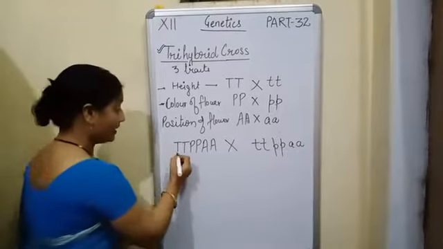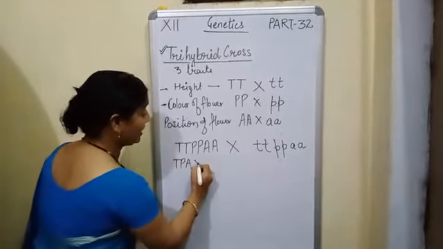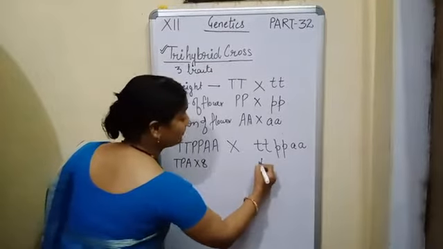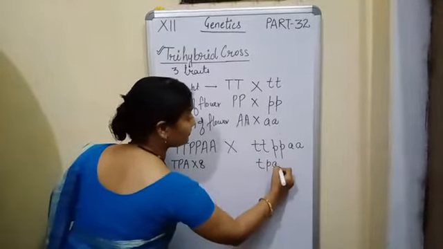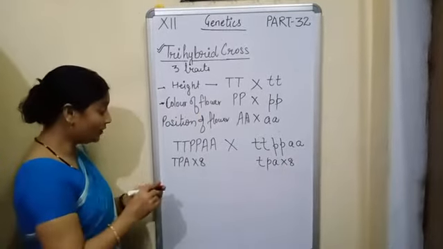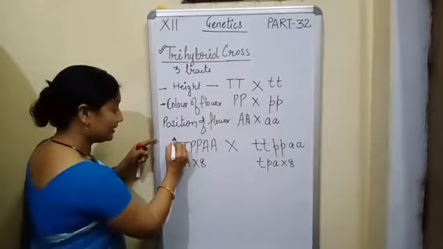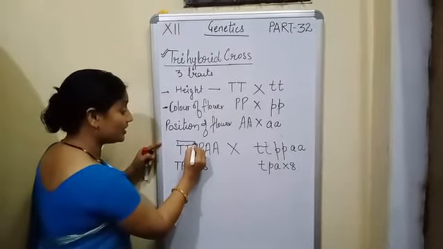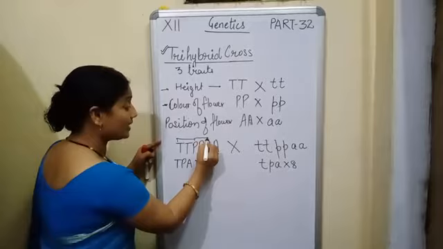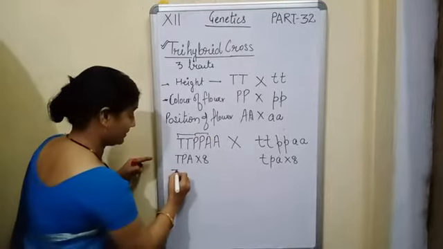Clear? We'll get 8 gametes as a result. 8 gametes. Now see how we will get the 8 gametes. This T will be crossed with this P and with this A. Clear?